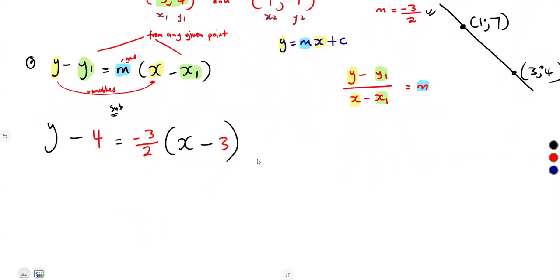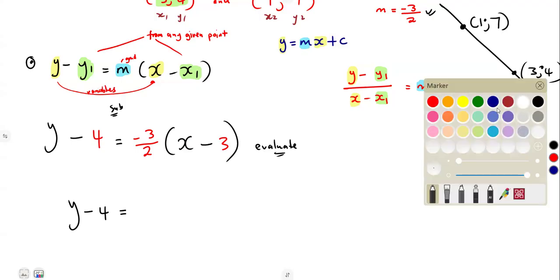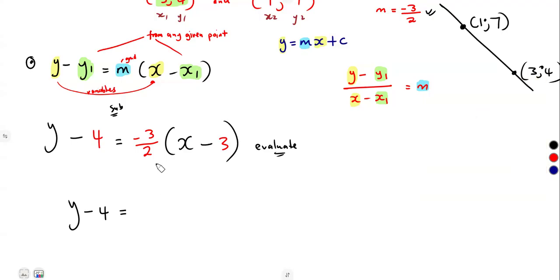That is what we need. So here you can expand the brackets, then later on take the minus 4 to the other side. So that's y minus 4 is equal to, let us expand the brackets here.